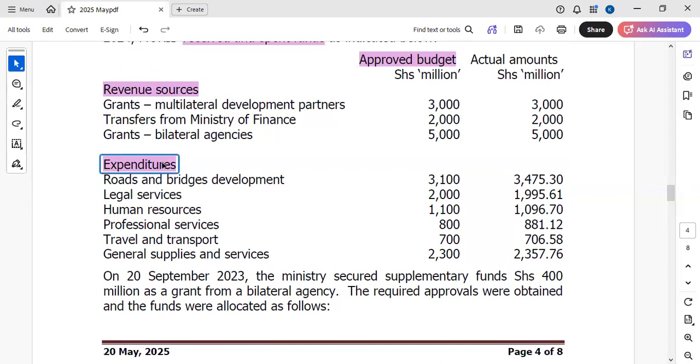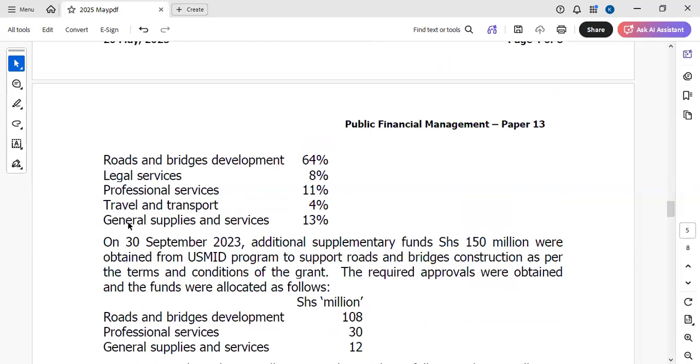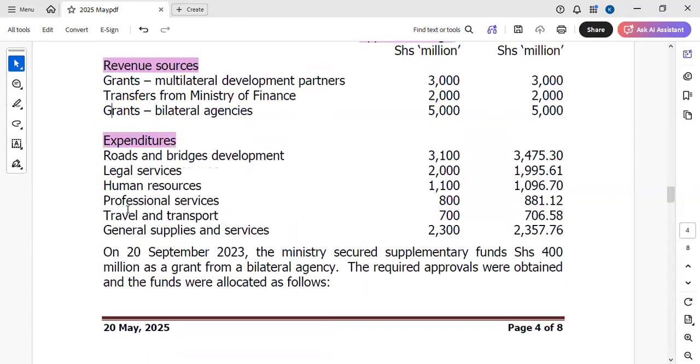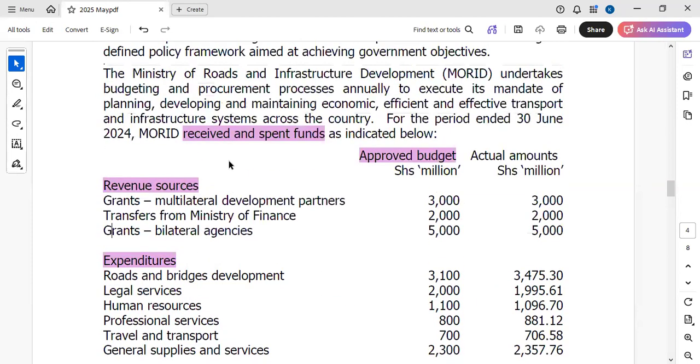So we have the revenue, we have the expenditure. A good thing with this number, you can't score 0. They are telling us on 20th September 2023, remember, this was your approved budget for the year.